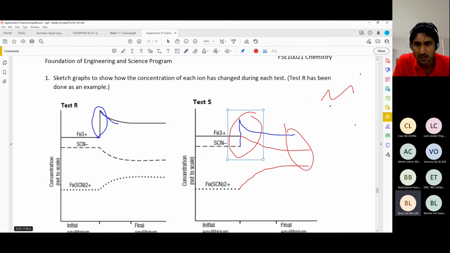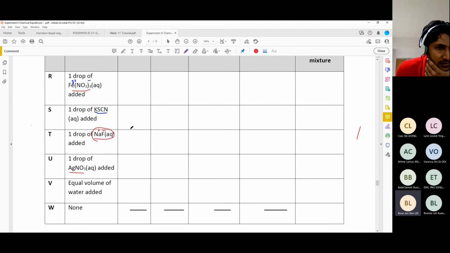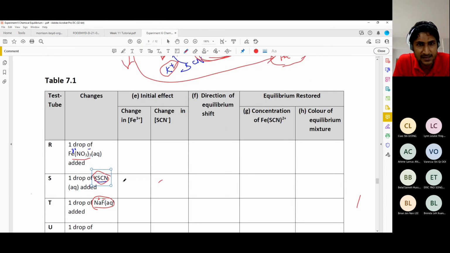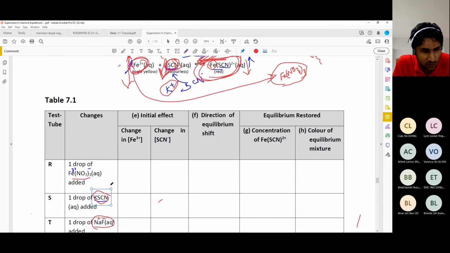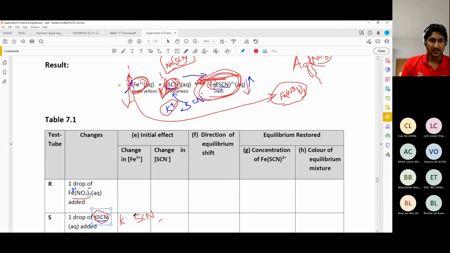Okay, for S, potassium thiocyanate, KSCN, is added, and it will be dissociated into potassium and thiocyanate, SCN. So the thiocyanate is being added to this reaction. If we add more thiocyanate, the reaction is going backward.